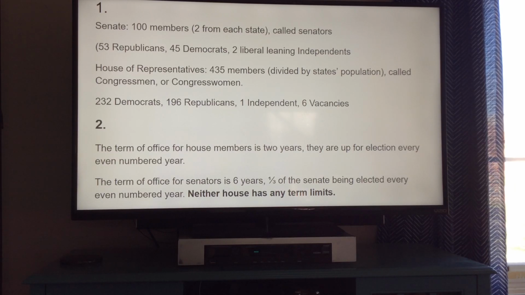The term of office for people in the House is only 2 years. So that means every other year you have to be reelected if you want to continue to serve in the House of Representatives. Which kind of creates a culture of almost constant campaigning. Because campaign cycles run on basically 2-year schedules, as soon as one campaign is over, and congratulations, Mr. Congressman or Ms. Congresswoman, you've been reelected, the people of your district sent you back to Washington to represent them.